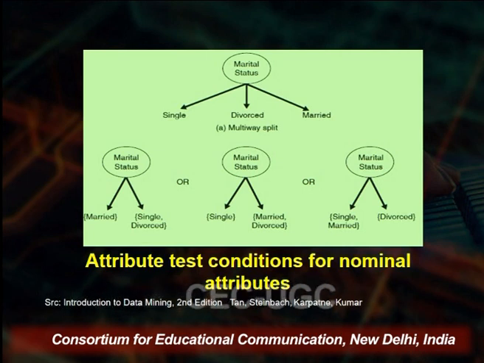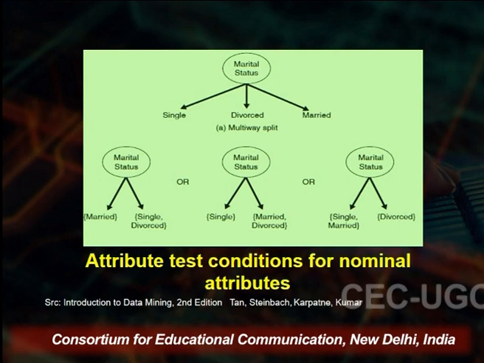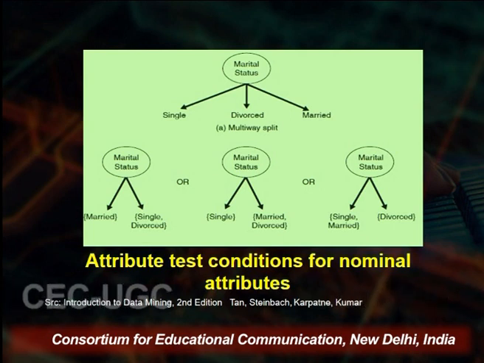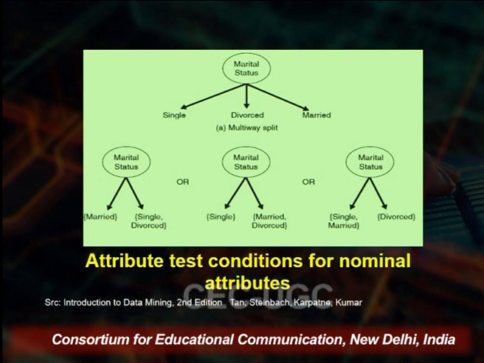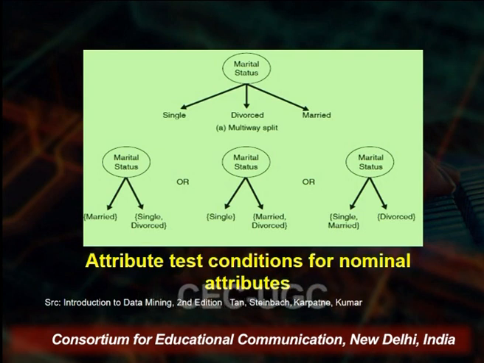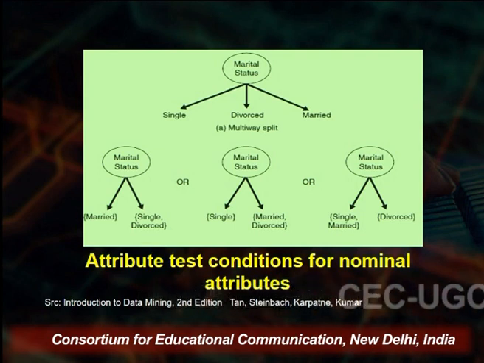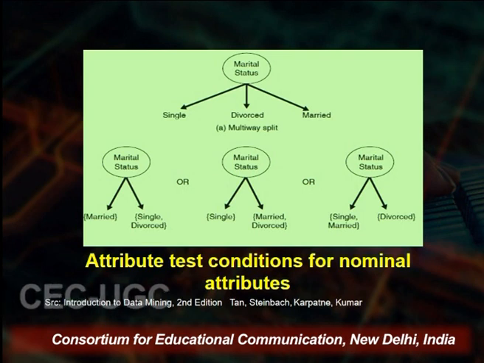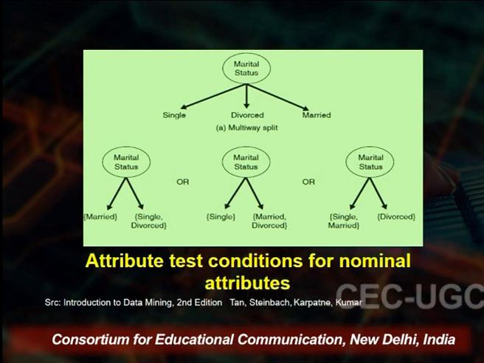The first way is where you say marital status, and you put married and divorced in one outcome and single in the other. In the second, you put single in one class and married and divorced in the second. And the third can be that you put single and married in one class and divorced is your other outcome. Likewise, we can create binary splits even for multi-valued or nominal attributes very easily.